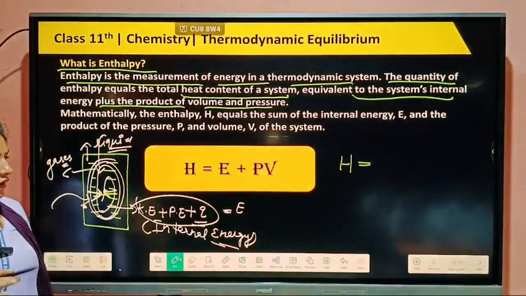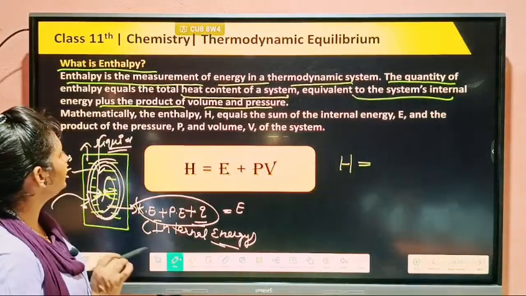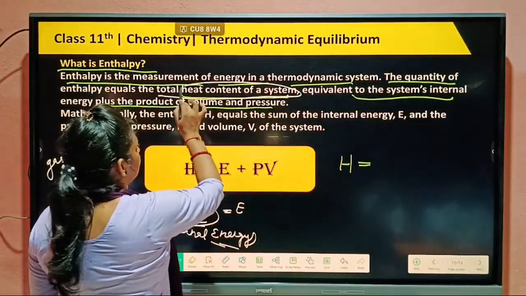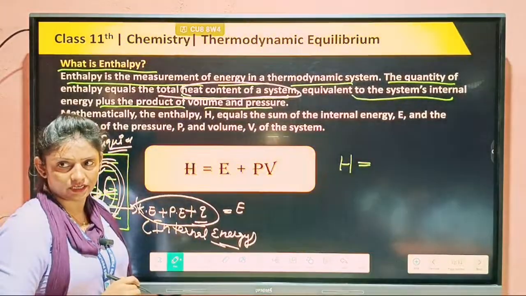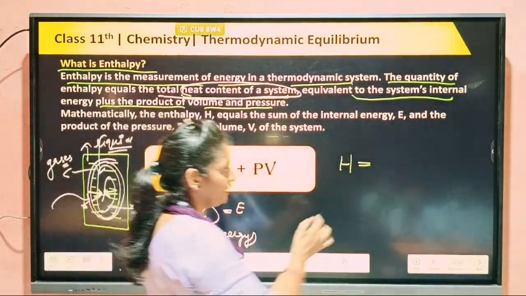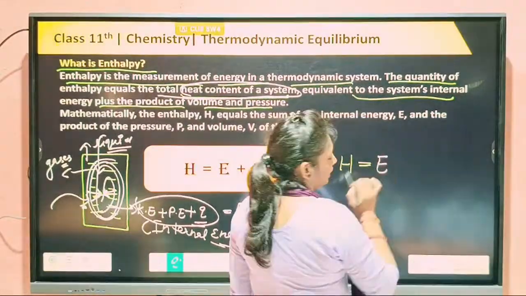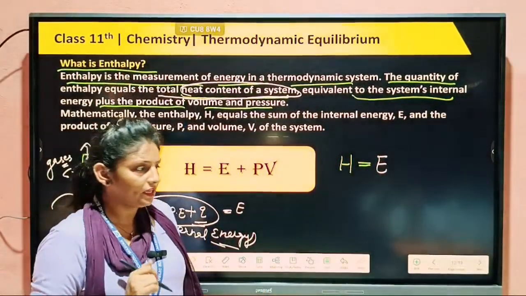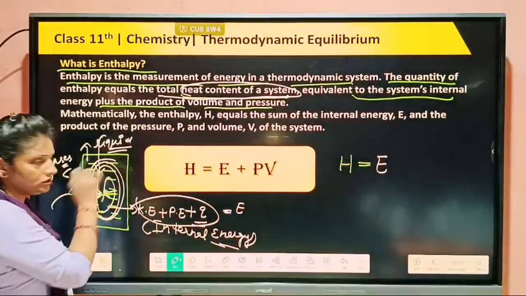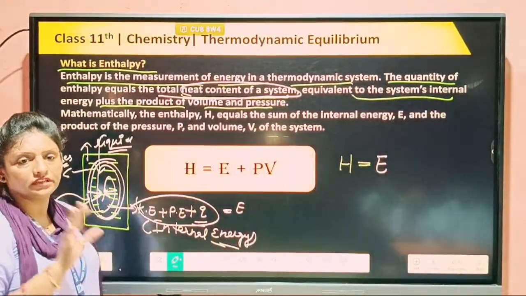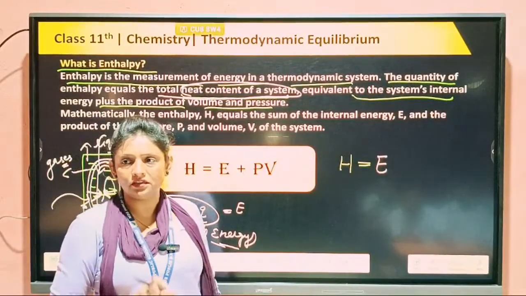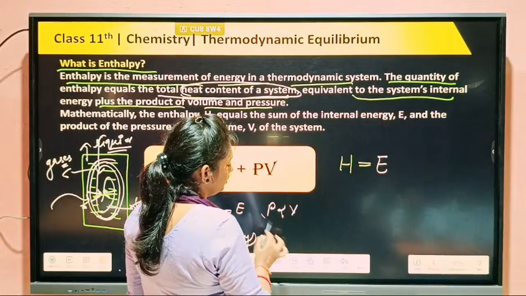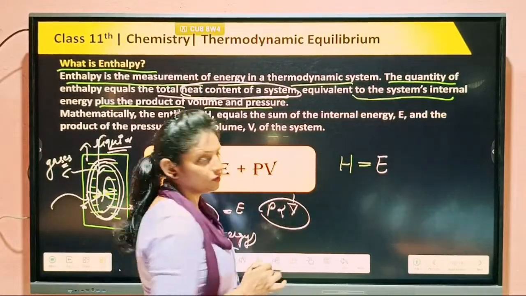Clear or not? So enthalpy is the total heat content. It is the sum of the internal energy present in the system, plus, if we apply some pressure on that, then its volume decreases. Pressure and volume are inversely proportional.